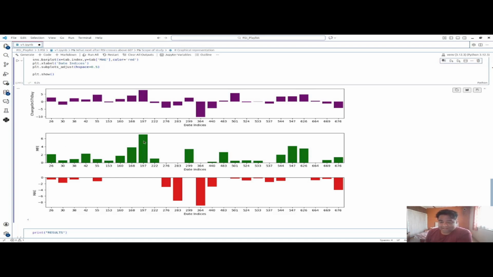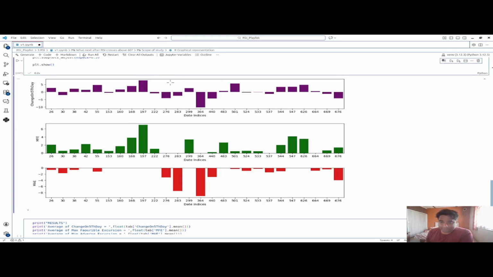It is pretty much balanced, but MFE and MAE are somewhat decisive, because see, for all these readings, most of the candles are green.